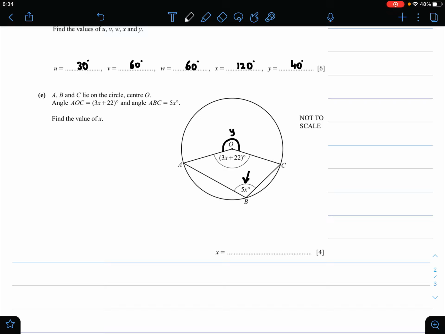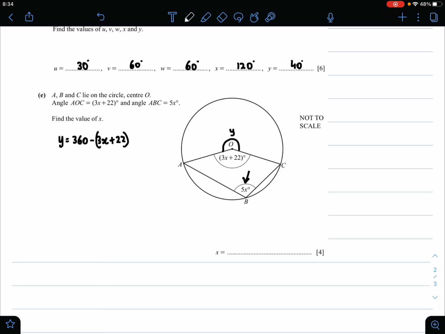So we can easily find y by doing 360 minus the remaining part of the angle, because an angle in a circle forms 360 degrees. So you could do 360 minus 3x plus 22 to find the y angle.